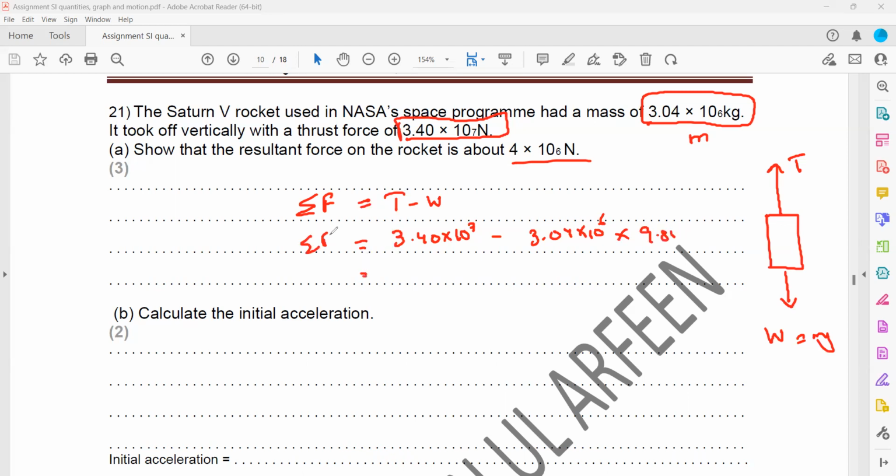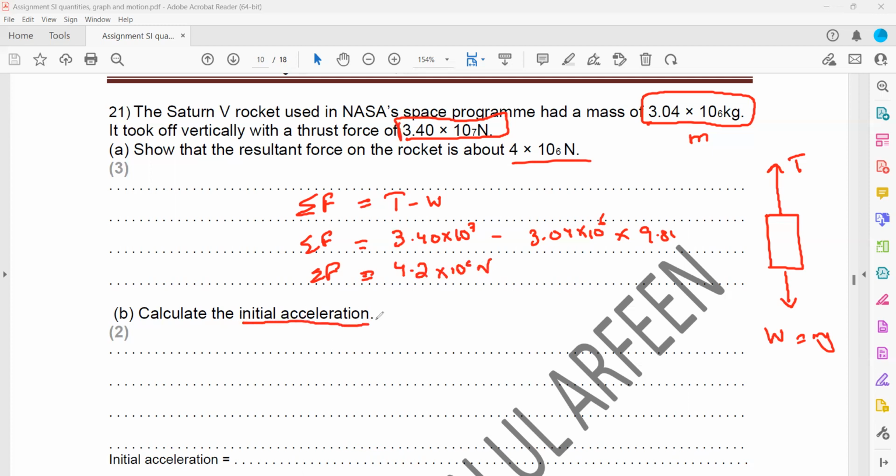When we take the difference of these two, this gives us the resultant force, the force which will cause the acceleration. That will be about 4 × 10^6, or 4.2 × 10^6. So the resultant force is equal to 4.2 × 10^6 newtons.